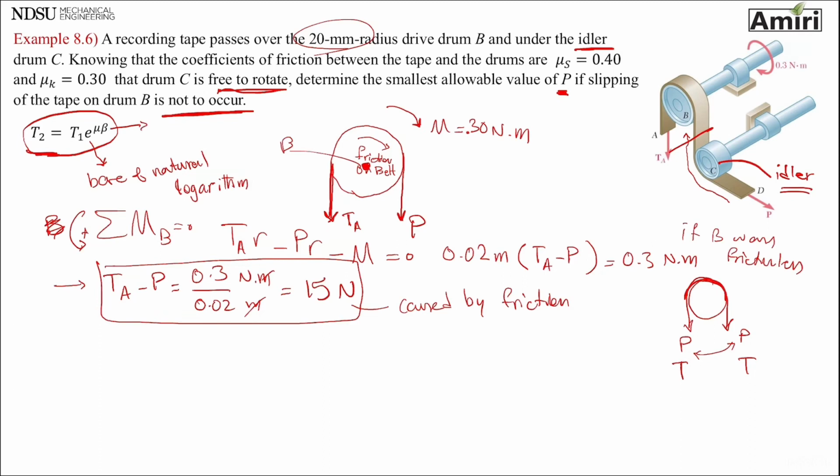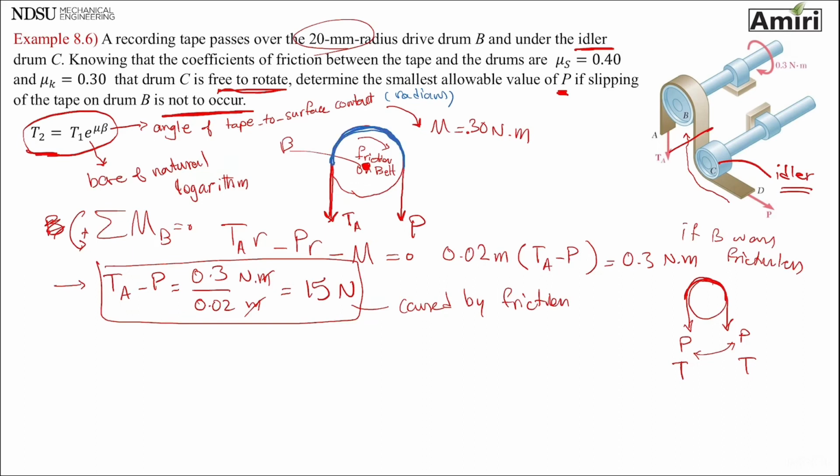This beta is called the contact angle, the angle of the belt, or in this case the tape, to the surface contact, and it needs to be in radians. That means how much this belt and that surface are in contact.